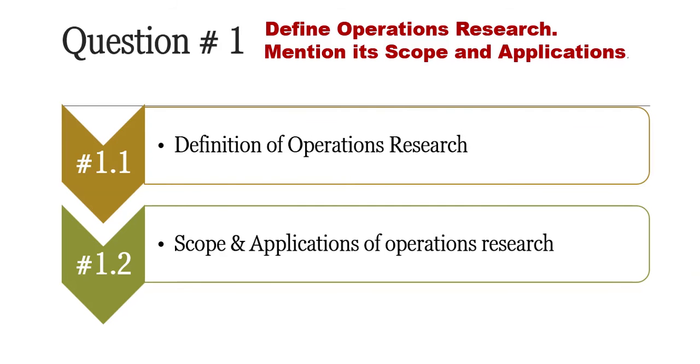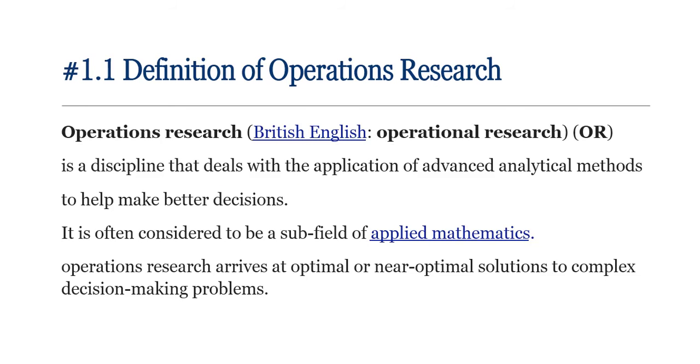Now coming to part 1, the definition of operation research. There are numerous definitions available online and offline, so you can even use this definition. Operation research, you can call it operational research as in British English, or abbreviated OR. Operation research is a discipline that deals with the application of advanced analytical methods to help make better decisions.